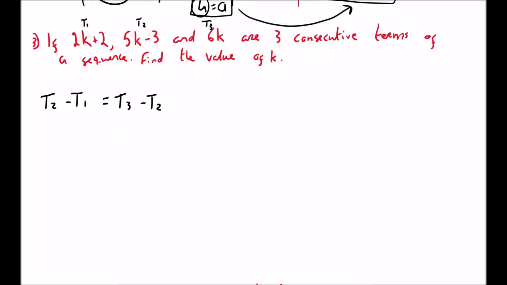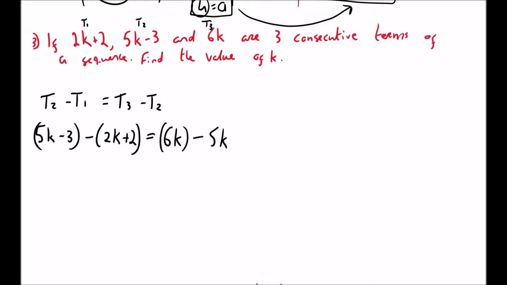So using that logic, I can just put in 5k minus 3, that's T2, and then I can say minus T1, which is 2k plus 2, and that must equal 6k minus T2, which is 5k minus 3.